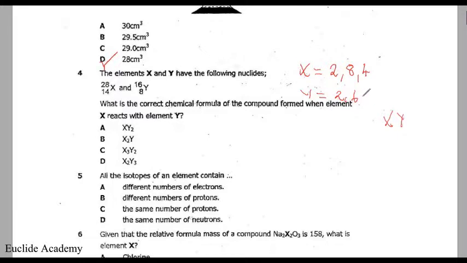They'll share 2 electrons from here. That means 2 of 6, and another 2 from another one of Y, and we have in the final shell 2 of Y, so it will be X2Y2. That will be the chemical formula, which is A.